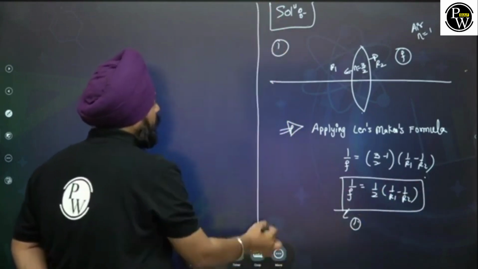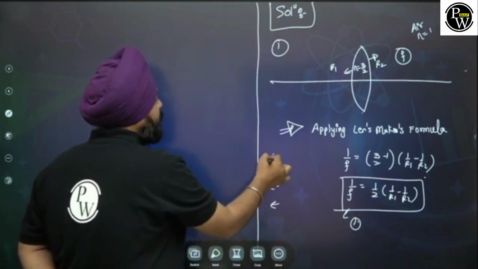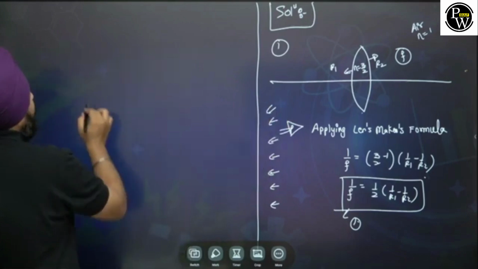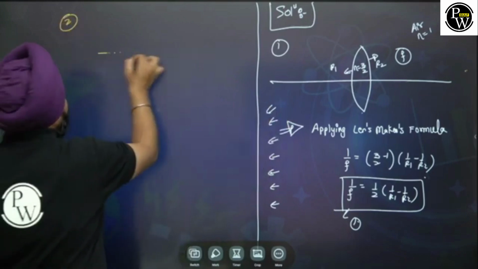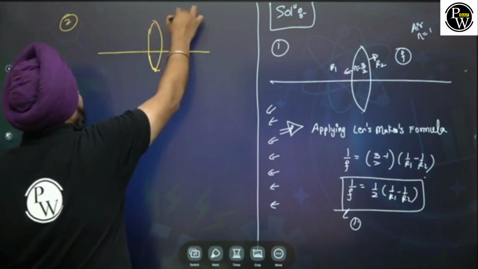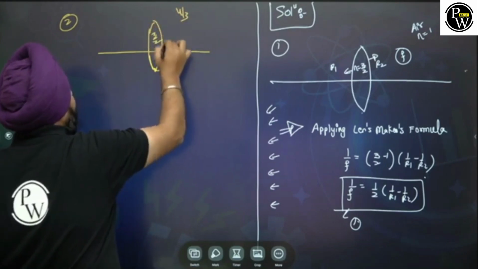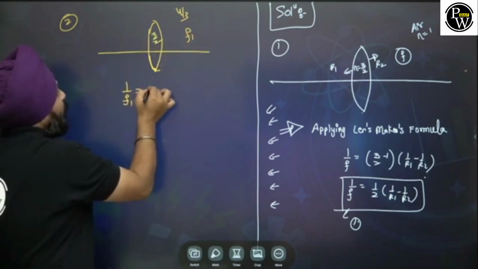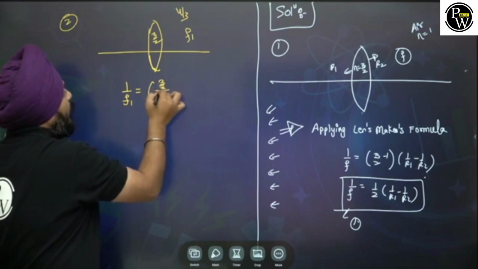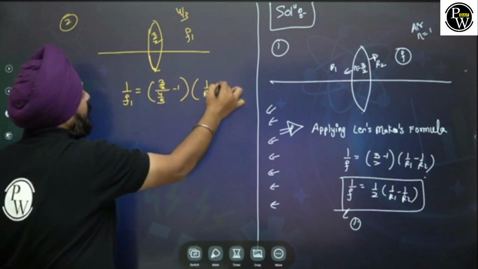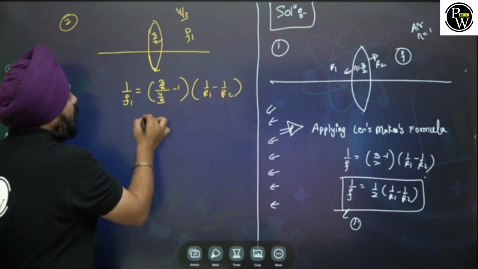Okay. Let's move on to the other situation, when the lens is immersed in a medium of refractive index 4 by 3. The lens is 3 by 2, and the focal length is f1. So 1 by f1 is equal to (3 by 2 divided by 4 by 3 minus 1) times (1 by r1 minus 1 by r2).